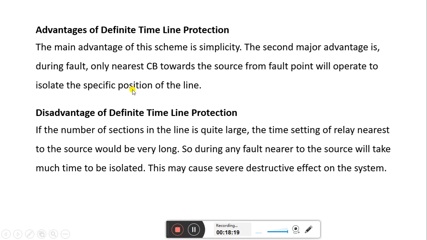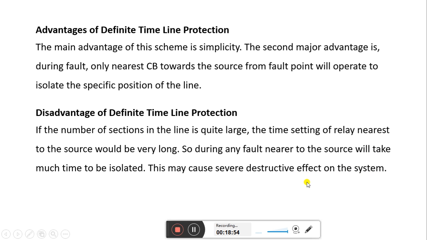What is the disadvantage? If the number of sections in the line is quite large, the time setting of the relay nearest to the source would be very long. So any fault near the source will take much time to be isolated. This may cause a severe destructive effect on the system.